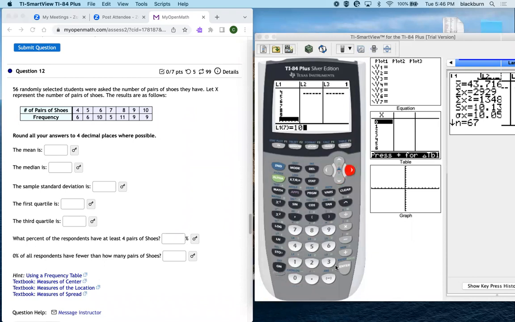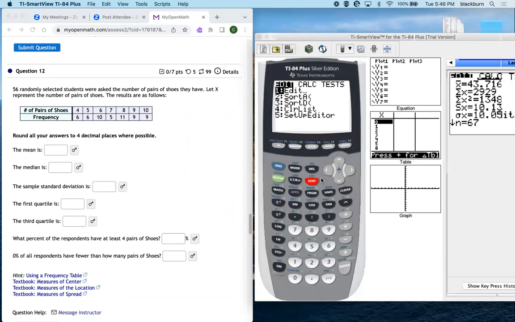So that's number of pairs of shoes. And then over to L2, 6 people own 4 pairs, 6 people own 5, 10 people own 6, 5, 11, 9, 9. All right, so there's my list.